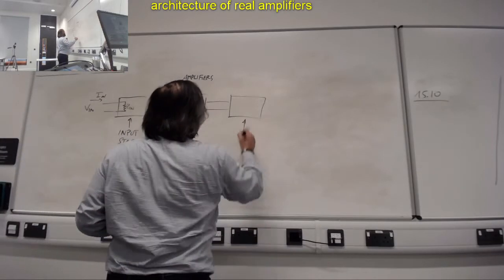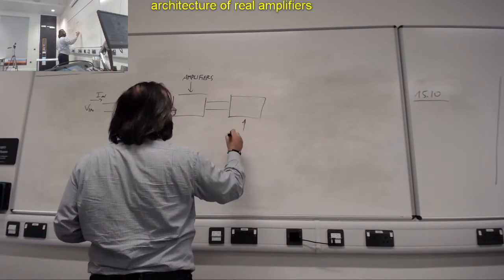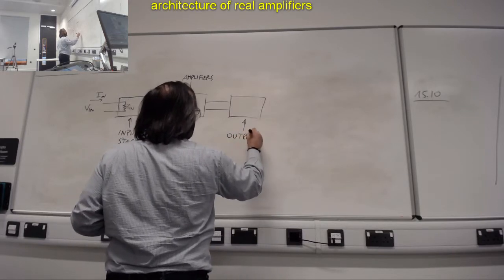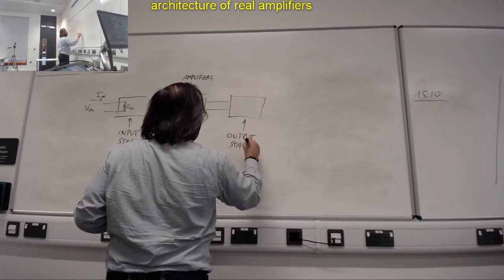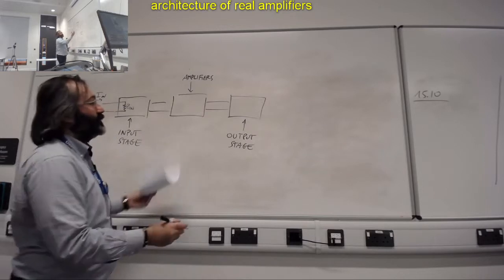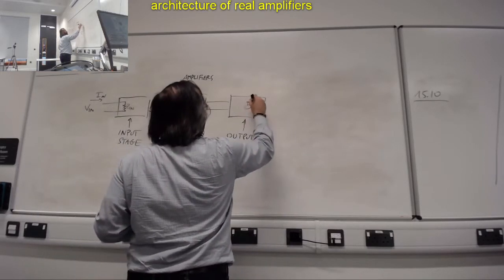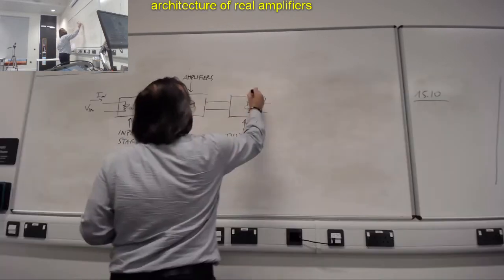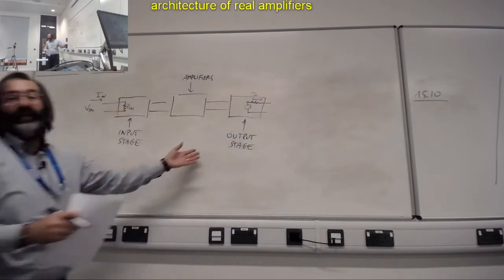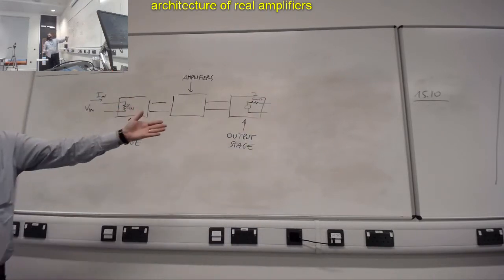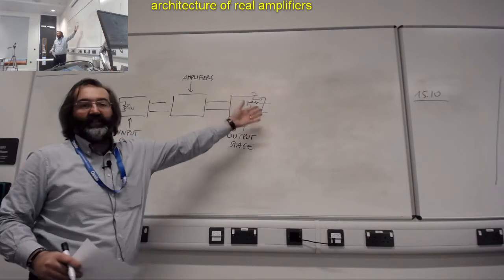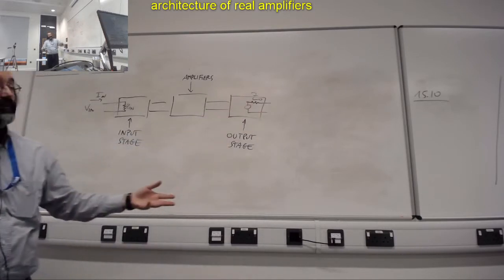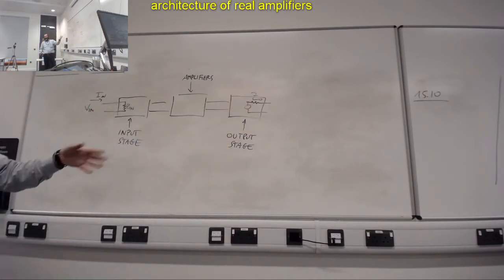And you probably realize now what I'm going to say here. So the output stage is required to adapt the output impedance. If it was a voltage amplifier, you would want Z output to be 0 or close to 0. If it was a current amplifier, to be infinite.